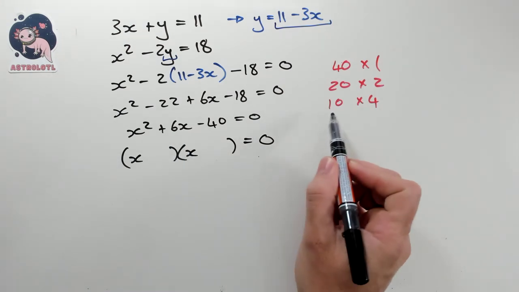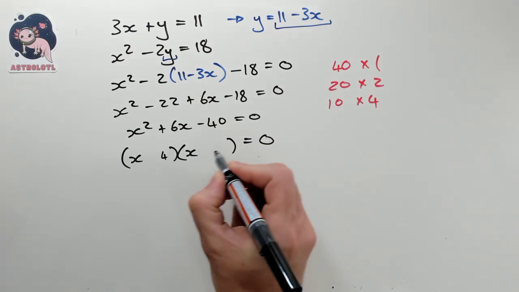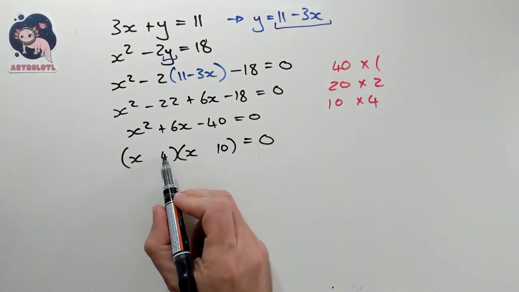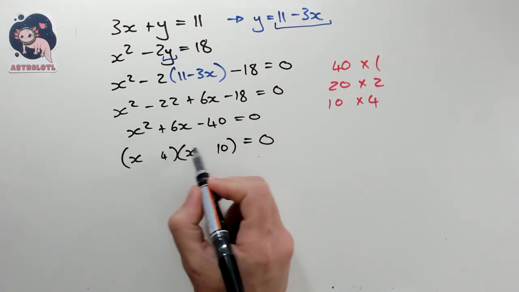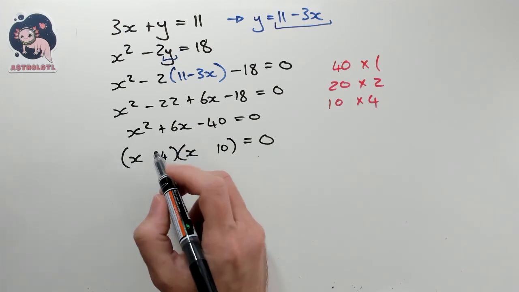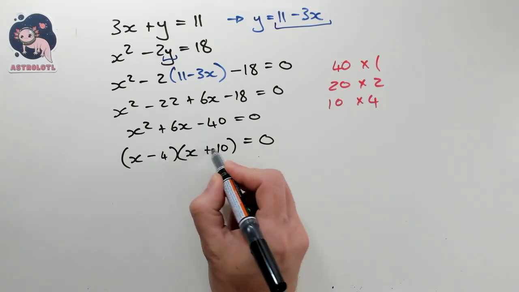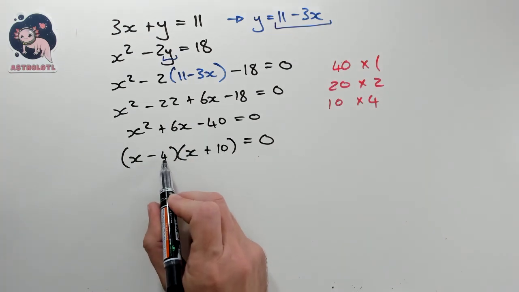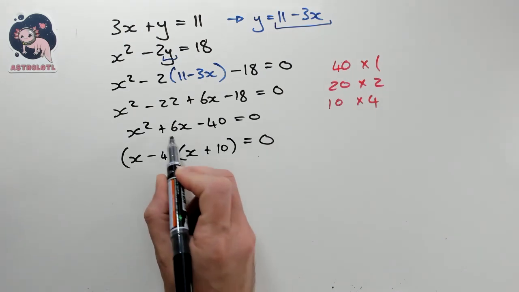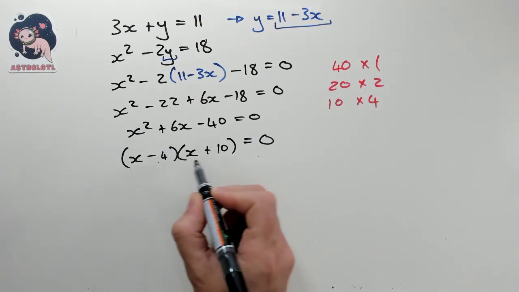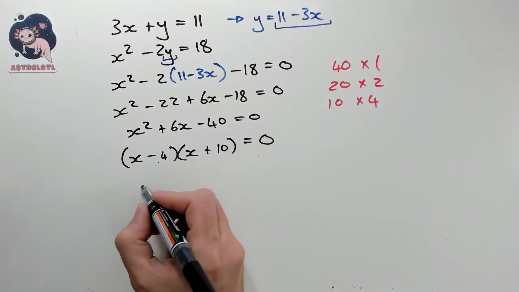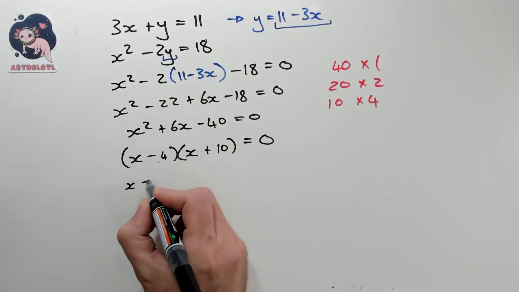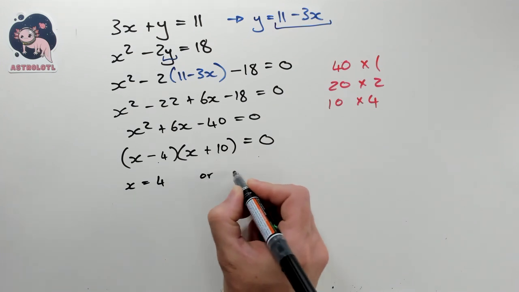Anyway, so it's going to be a 4 and a 10, and it's a negative, and that's positive, so one of these has to be negative, and it's going to be the smaller one, because if I multiply these out, I'm going to have 10x minus 4x, which is 6x, and minus 4 times 10 is going to be negative 40.